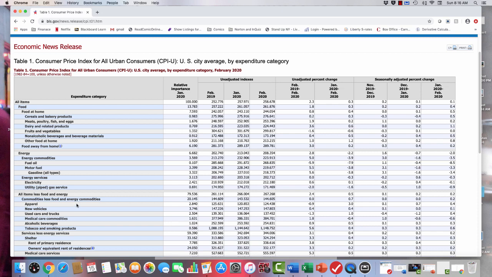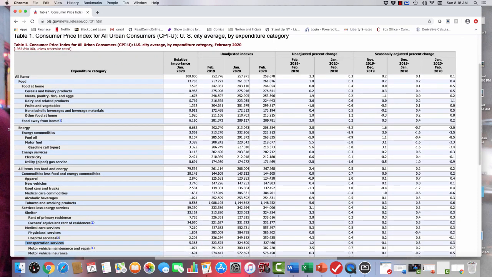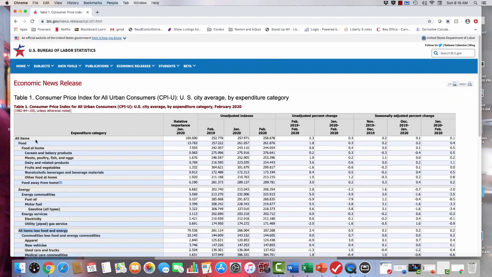Food prices can change a little bit more often. So then they report a number, all items except for food and energy. But what we're really interested in, and for our purposes here, is this all items number. And since it's gone from January to February, the number's gone up, we have inflation.